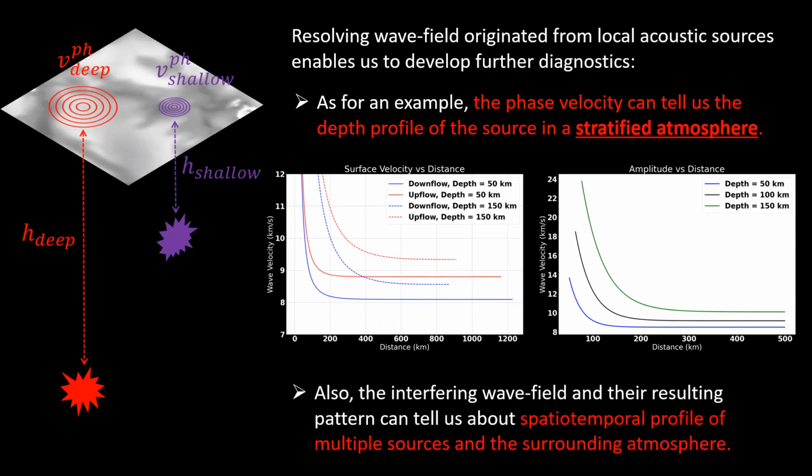So their wavefront shape has all of the information about the atmosphere they have been through and their own characteristics. We can use the shape of the wavefront, how it is getting distorted, how its amplitude is changing, and how its velocity is changing over space and time. From that, we can infer the surrounding atmosphere, as well as the depth of the source and how the source went off.